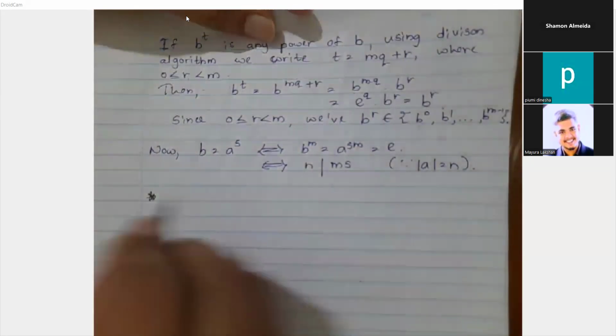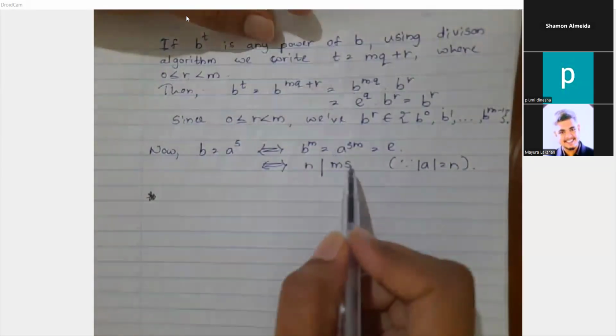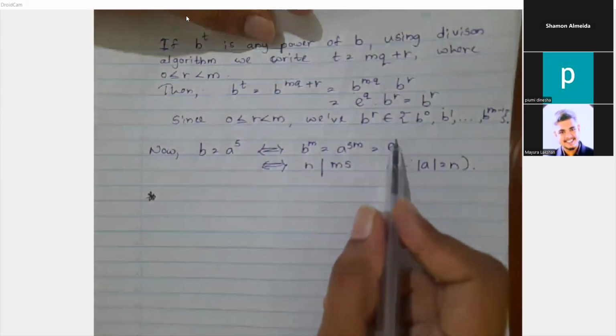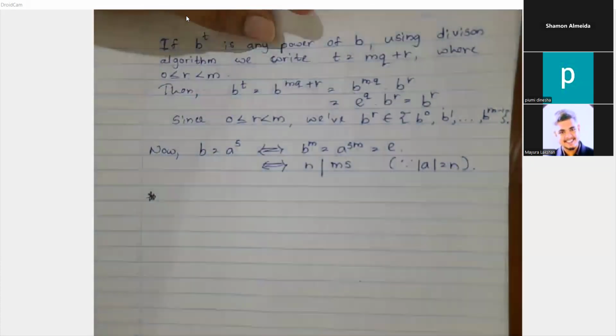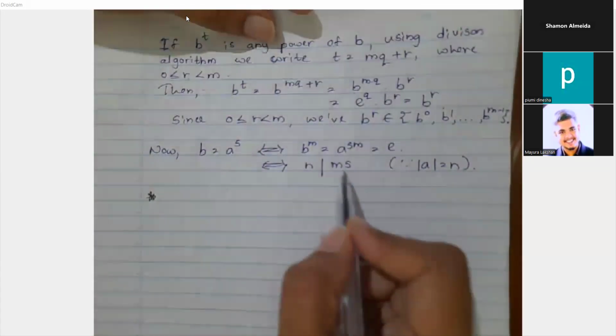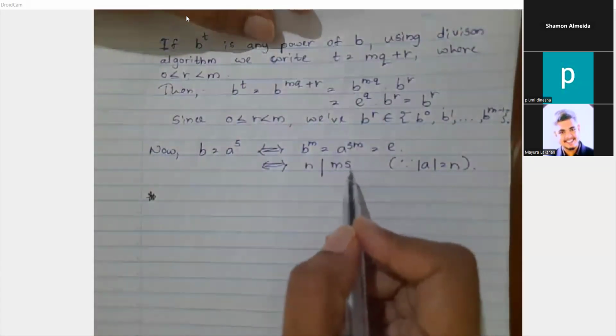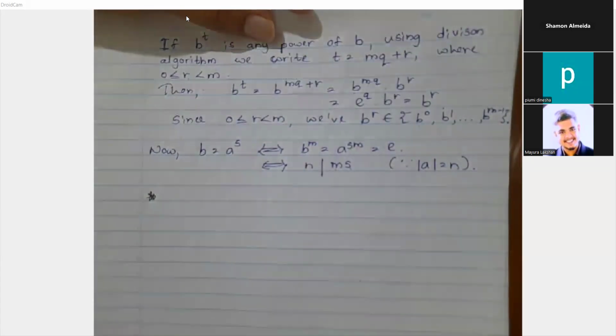I will write this part because I don't think we went over this discussion, where once you get to this point, you can conclude n divides ms. We surely know ms, m times s, must be greater than or equal to n. But why do we have this divisibility?